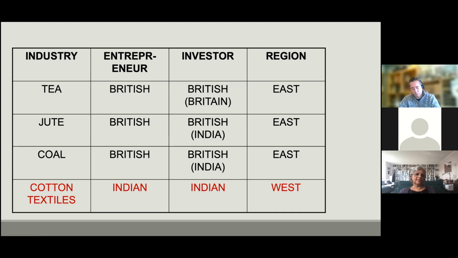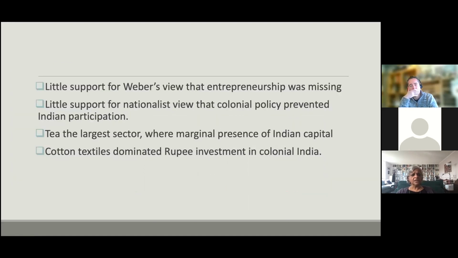In the cotton textile industry, the entrepreneurs were mainly Indian, the investors were also Indian, and it was in a different part of the country. So the world of industrial investment was extremely segregated during the colonial period. So we can say that there is little support for Weber's view that entrepreneurship was lacking.